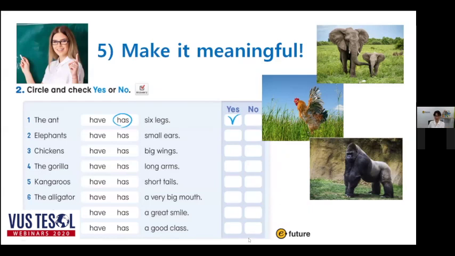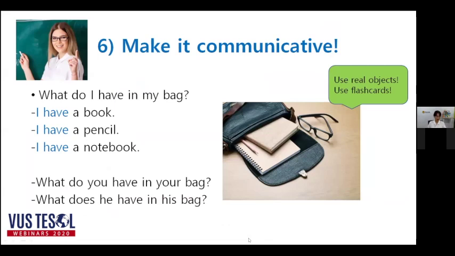Okay, very good. Now, make it communicative. Can you look at my bag? That's my bag. Okay, what do I have in my bag? I have a book, I have a pencil, I have a notebook.